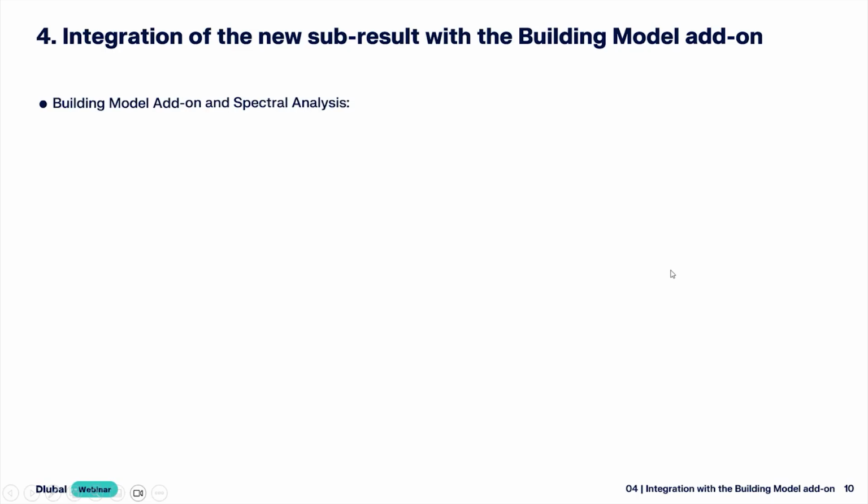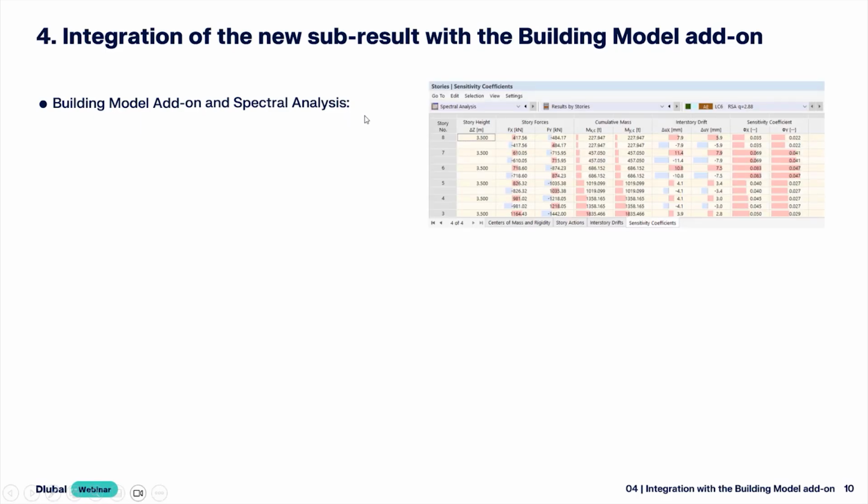The building model add-on and the spectral analysis, or the RSA, when both of them are activated in the program, deliver a particular set of results, which are the results by stories. I'm going to show this in the program, but let's take a look at a concept.